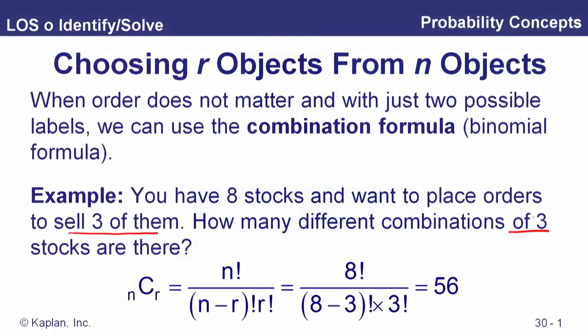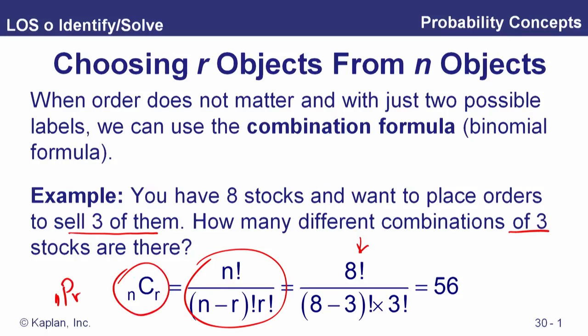Now, here's the formula for it right here, and here's an application of it with 8 and 3. We're really answering the question: how many different groups of 3 can we pull from 8? Now, if you're using the Texas Instruments BA II Plus calculator, there's actually a function on there, and there's also one for permutations.